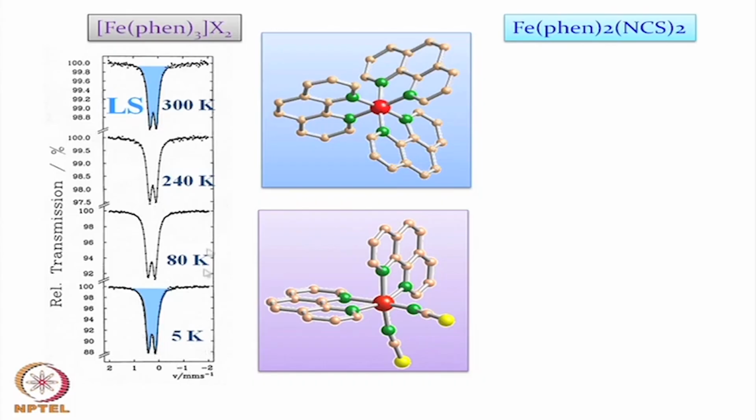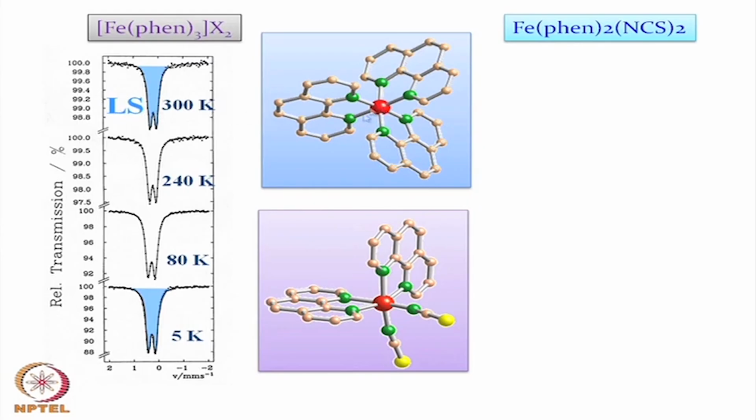That means, with change in temperature, we are not getting any kind of transition from 5 K to 300 K for this particular compound. So, the 3 phenanthroline ligands are providing a strong crystal field to the iron center, and that center is therefore low spin in nature.